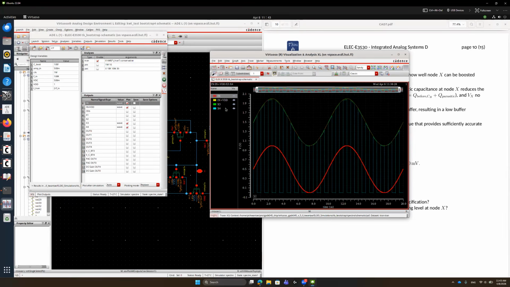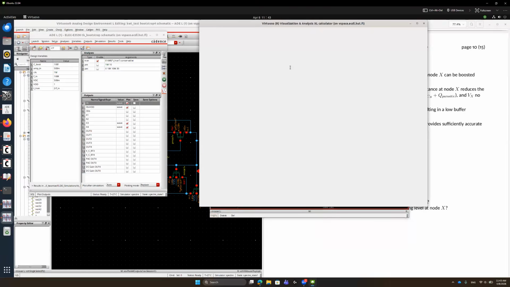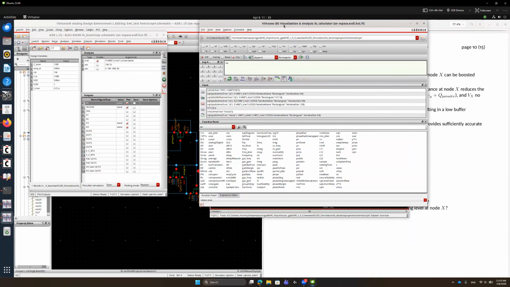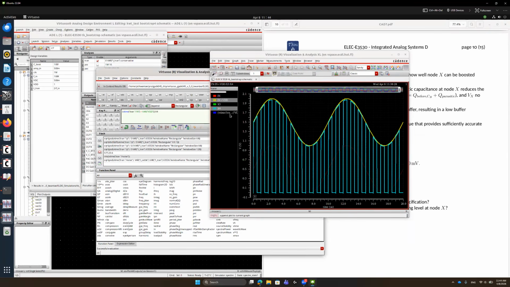So for example, X4 and Vin plus VDD, we can do like in this case, select this Vin plus VDD and then press Control and click X4 and go to calculator. Okay, so we already selected both waveforms. We can just simply click this minus button. Then you can see this is already calculated and plotted.